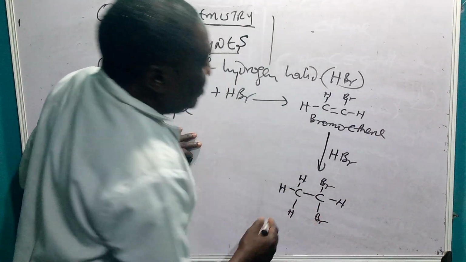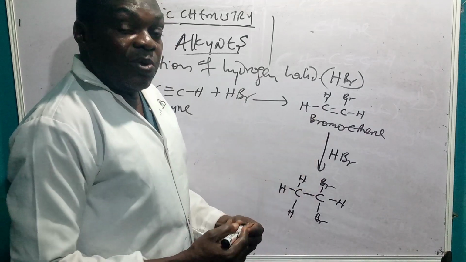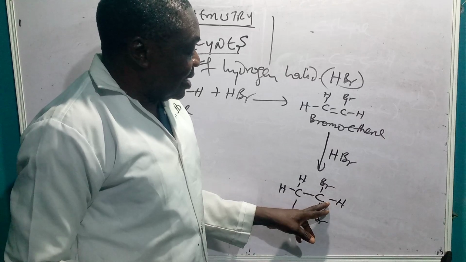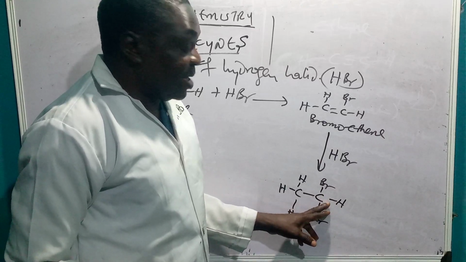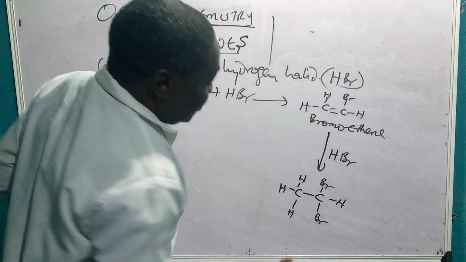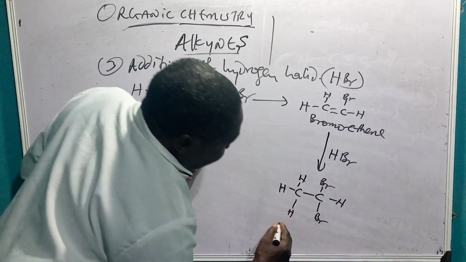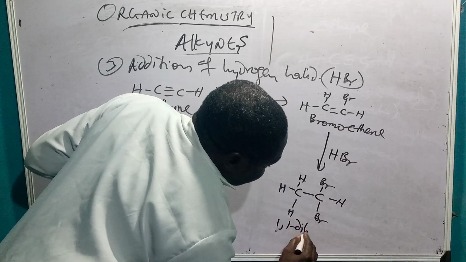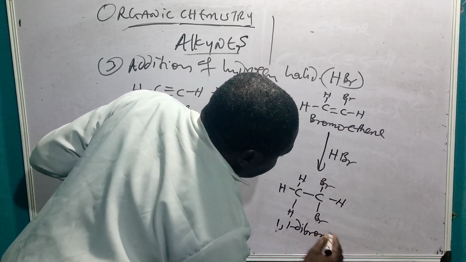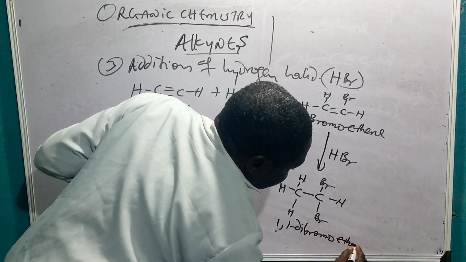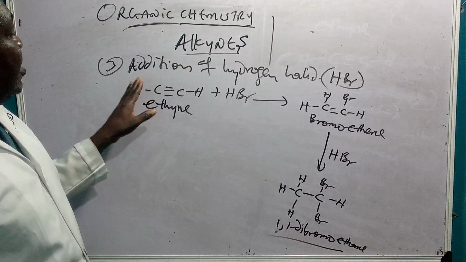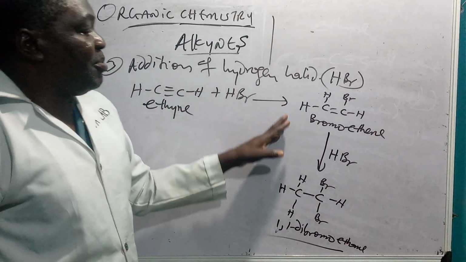The halogen will attach itself to that part of the carbon atom that has the least number of hydrogen atoms. So you have it like this. This one is 1,1-dibromoethane. So this is the addition of hydrogen bromide.